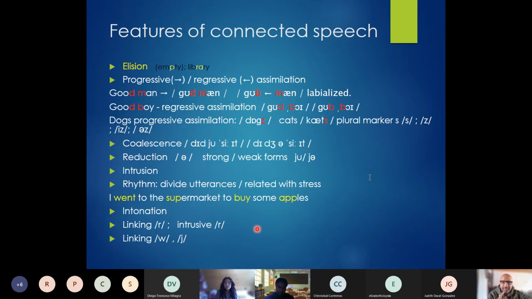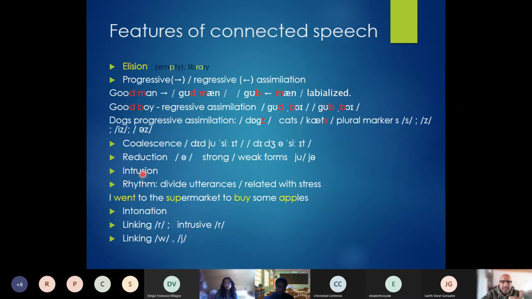So the fact that I'm stressing always content words, in this case the verb went, right, the initial element in supermarket, this is a noun composed by super and market, right? I'm stressing the verb and I'm stressing the noun here. So this fact gives a specific rhythm.